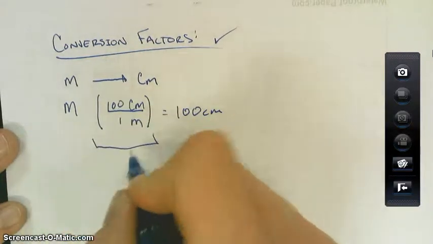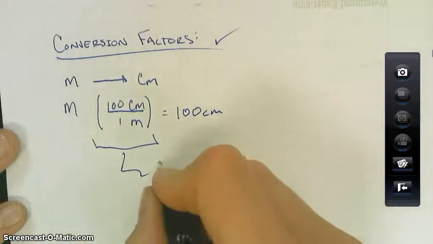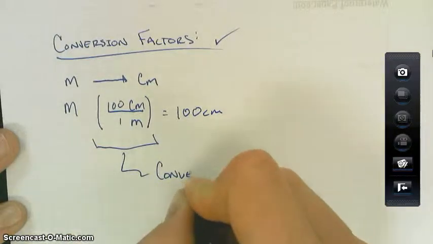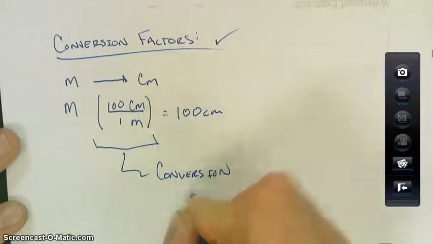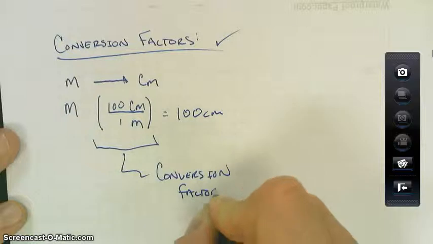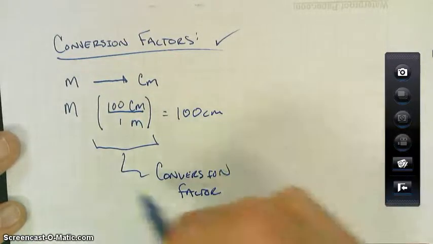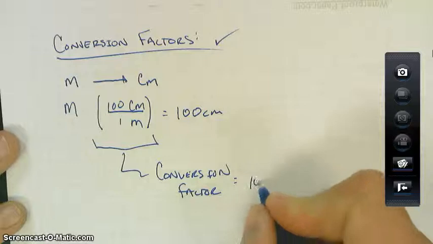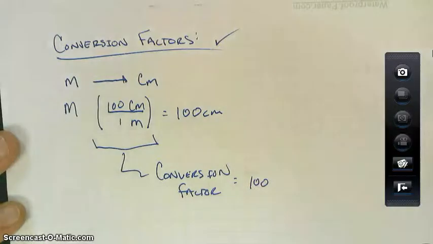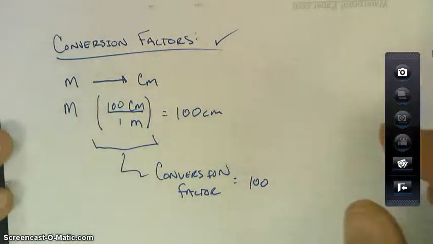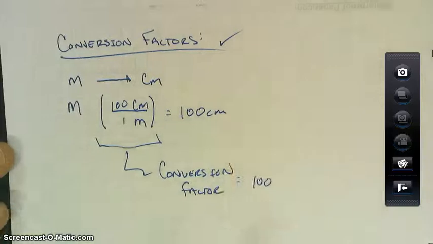This would be what we would call the conversion factor. Pretty simple one, but again, the conversion factor here is equal to 100. So if I ask you what's the conversion factor between meters and centimeters, you tell me it's 100.